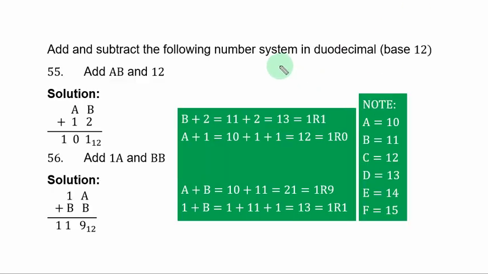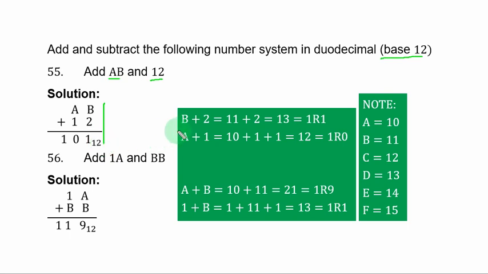Add and subtract the following number system in duodecimal, that is base 12. Example 55. Add AB and 12. So you arrange the numbers for addition.